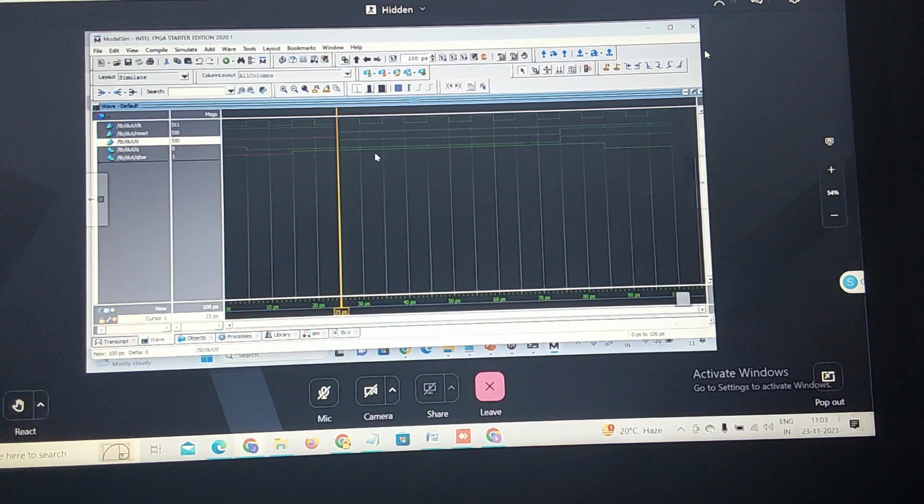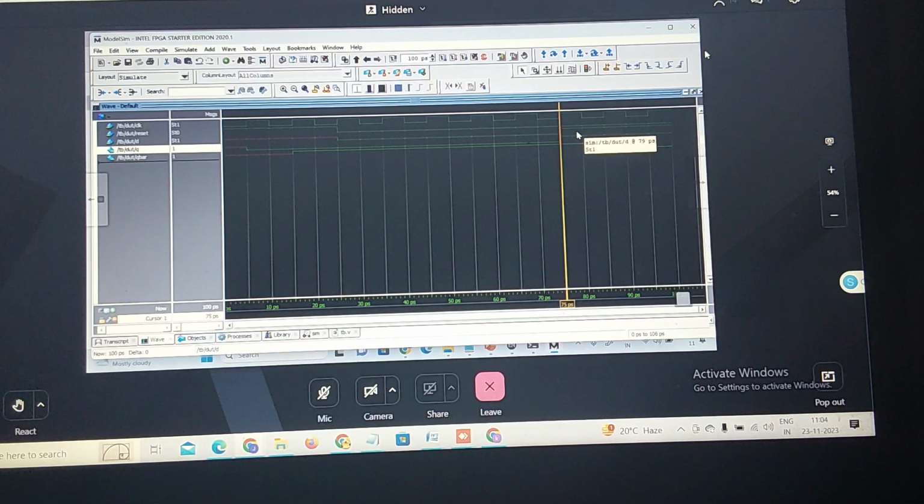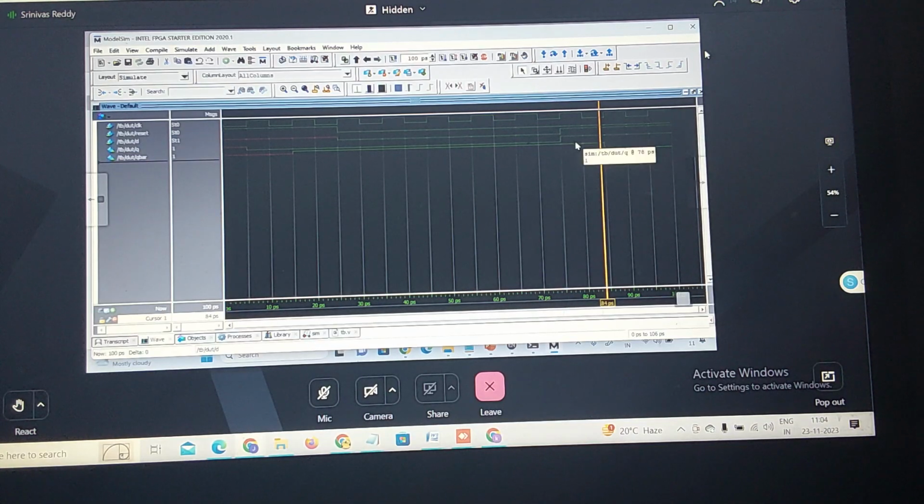Now again, at this timestamp, which is nothing but 75, what is my reset? 0. What is my D? D is 1. Now Q follows the D. Q is equal to 1. And then Q bar changes at this rising edge.